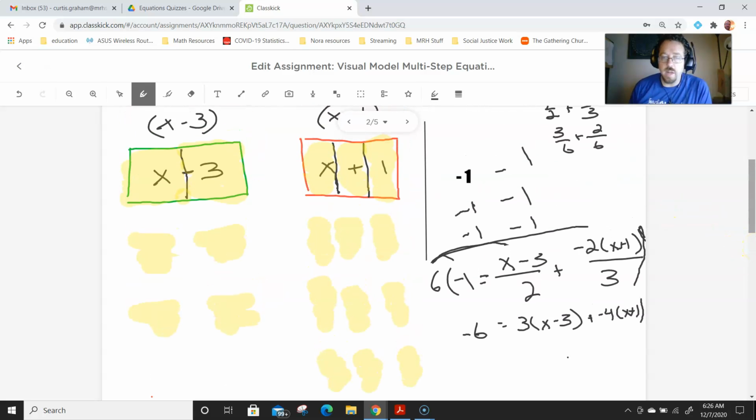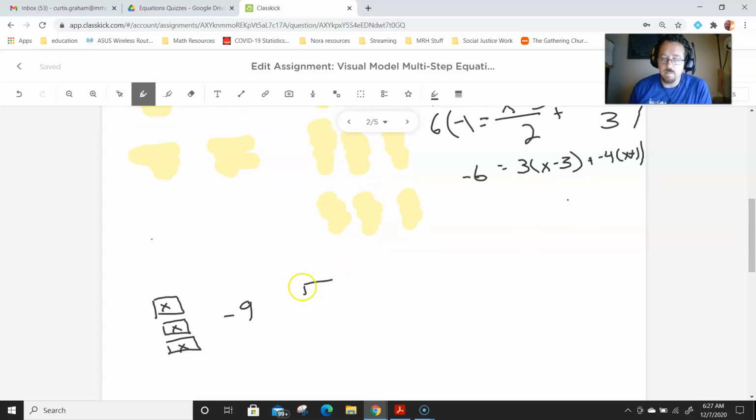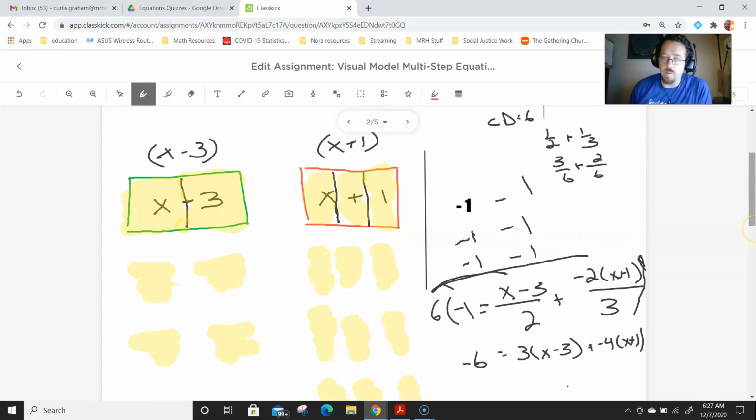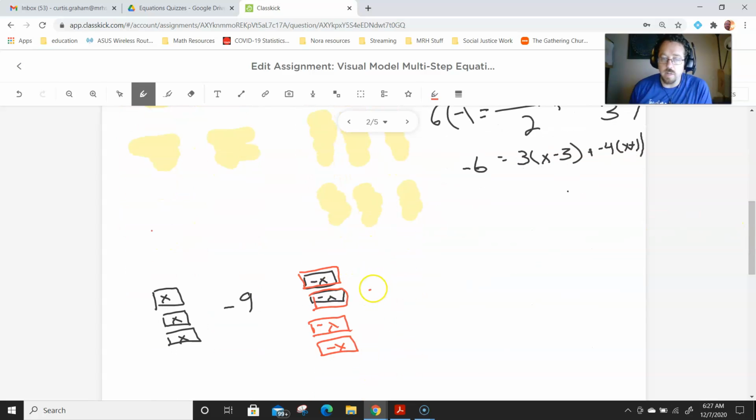I have negative 4 x's. I'm going to actually switch this to red, make this a little easier to see. And I have 4 groups of negative 1, because it was positive, so it's going to become negative.